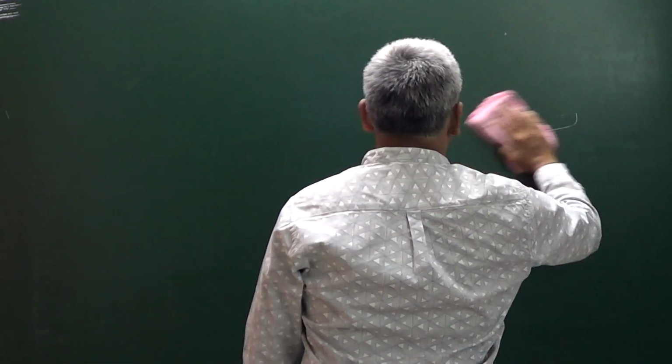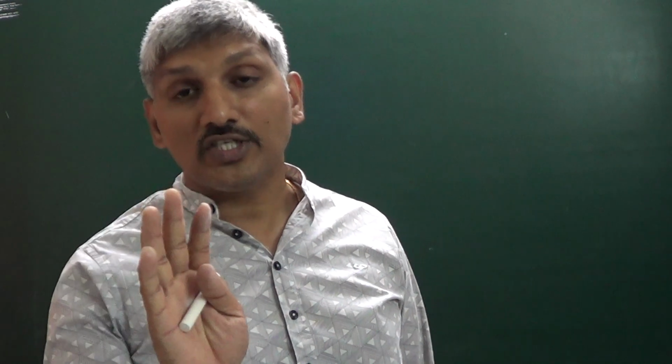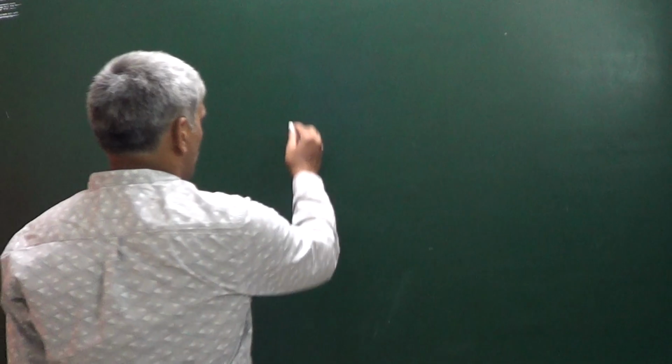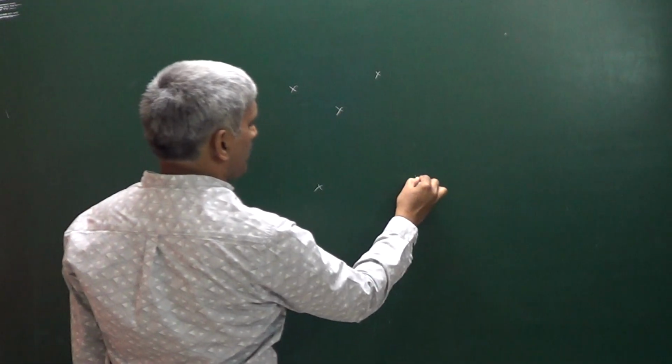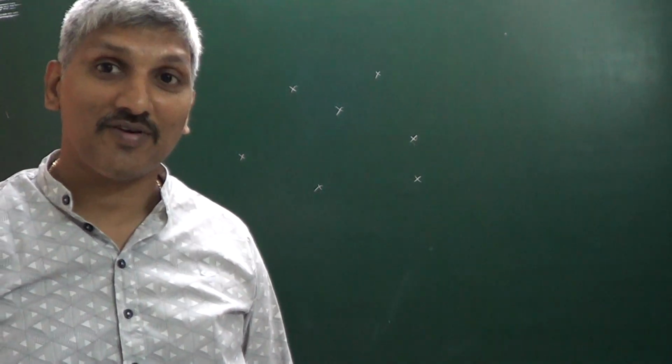Now my question is: there are n points in a plane of which no 3 points are collinear, that is, no 3 points lie on a straight line. With the help of these n points, how many straight lines can be formed?